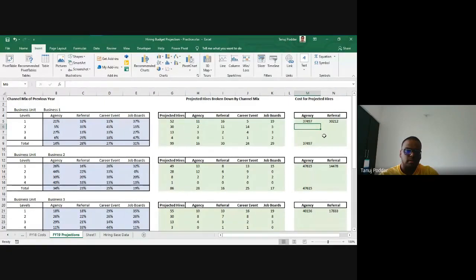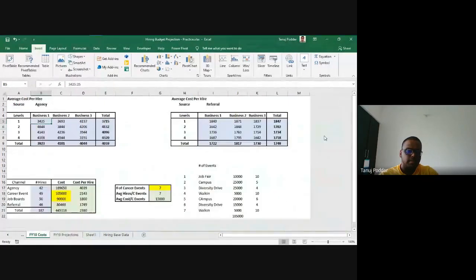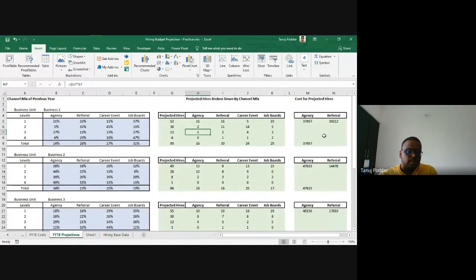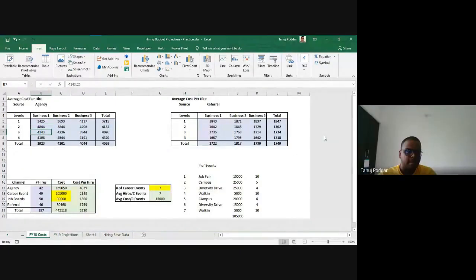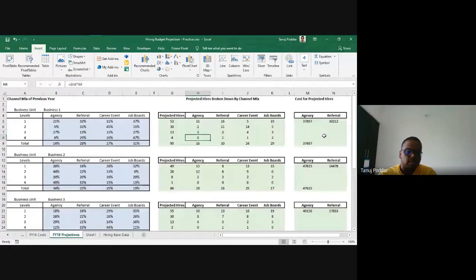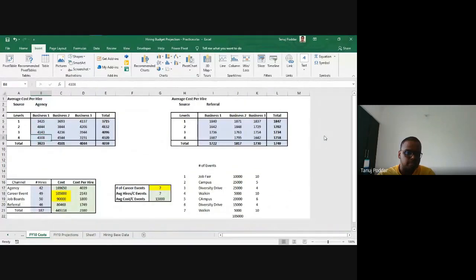Similarly, for the value in agency, I will multiply it by 44. For level 3 business 1, I'll multiply it by 4143. And for agency business 1 level 4, I'll multiply it by 4108, and so on and so forth.